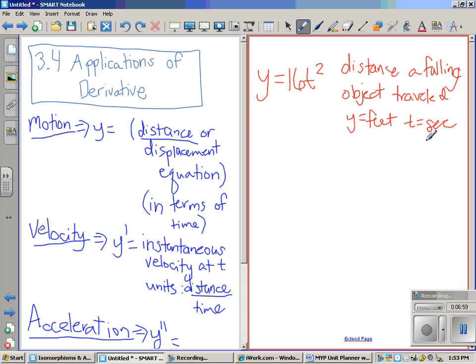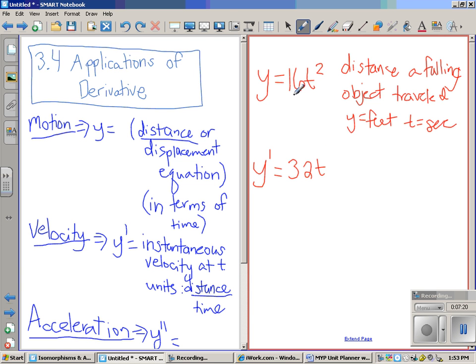So we could time how long it took something to fall, and then we could calculate the distance that object had in fact fallen. If you take the derivative of this, y prime, using the power rule, we get 32t.